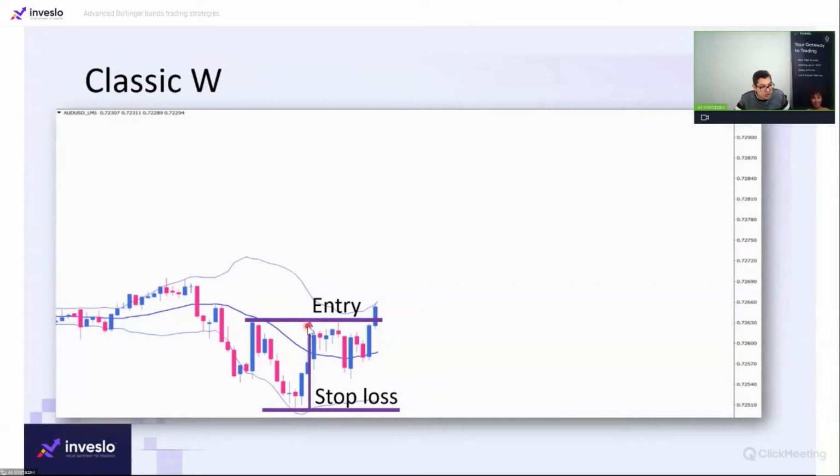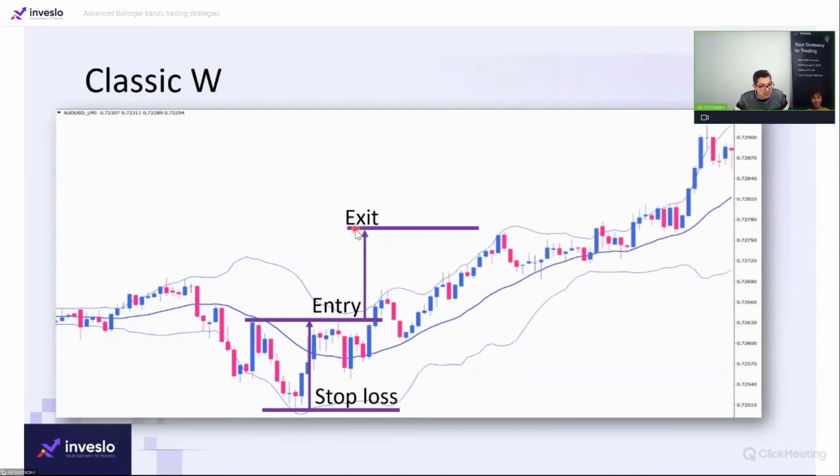And notice this distance from the stop loss to the entry can be used to determine your exit point. This is your call, because different traders use different risk management rules. By the way, you can determine your exit point by a 1-to-1 risk reward ratio, and then you can get out here when the price hits your exit point.